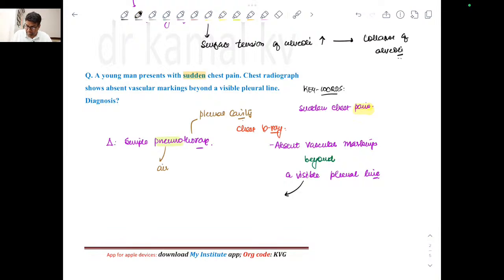Visible pleural line, this is obviously the visceral pleural marking, right? So we see the visceral pleural marking, and there will be air between both the layers, like visceral and parietal pleural membrane, and this is simple pneumothorax.